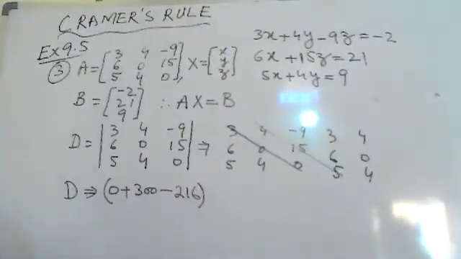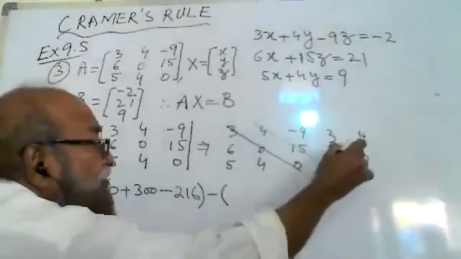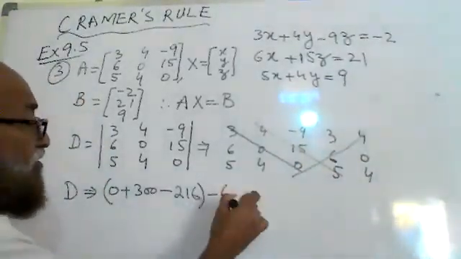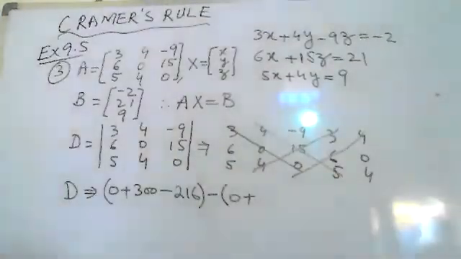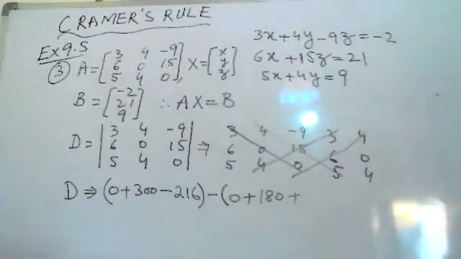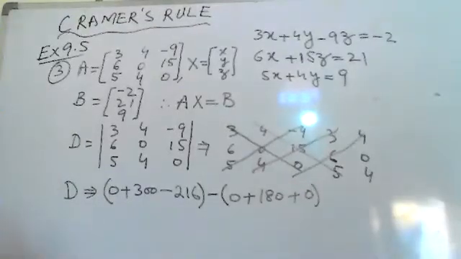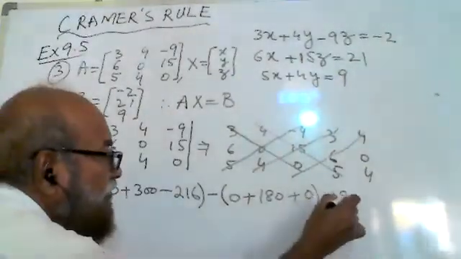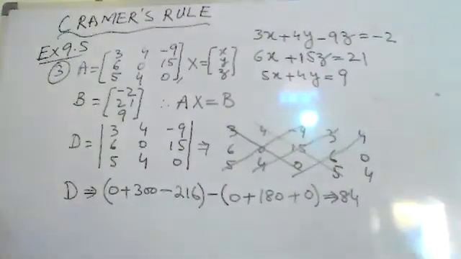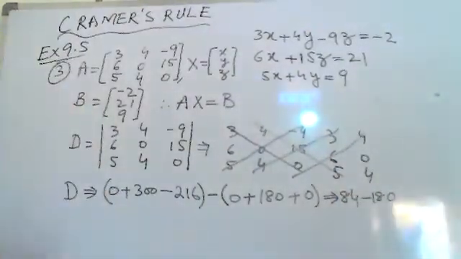ये प्राइमरी डायगोनल का प्रोडक्ट आ गया, माइनस द प्रोडक्ट ऑफ द सेकेंडरी डायगोनल. 4 into 6 into 0 will be 0, plus 3 into 5 into 4, so 180, plus minus 9 into 0 into 5 will be 0. क्या हो जाएगा 300 minus 216, 84, minus 180, it will become minus 96.